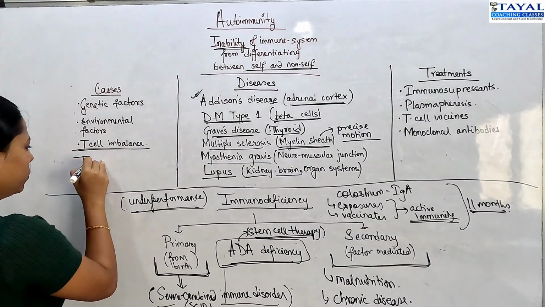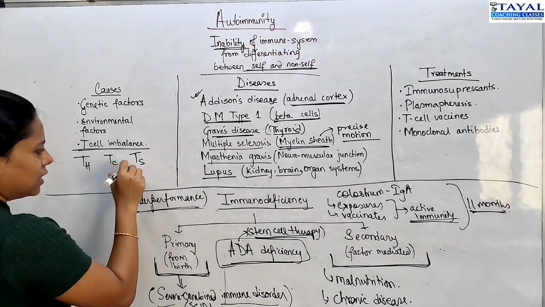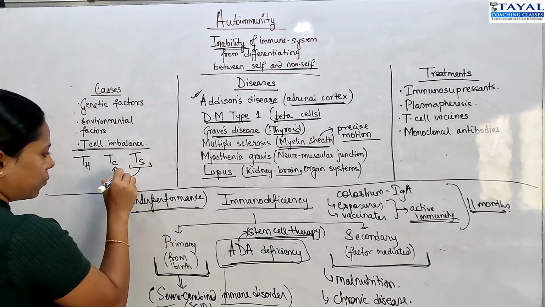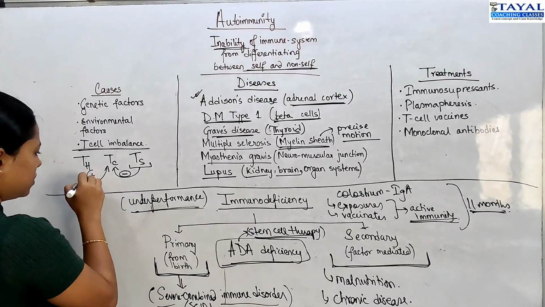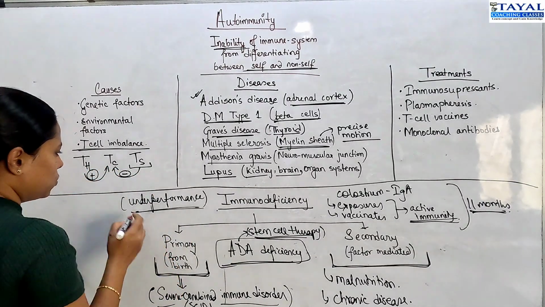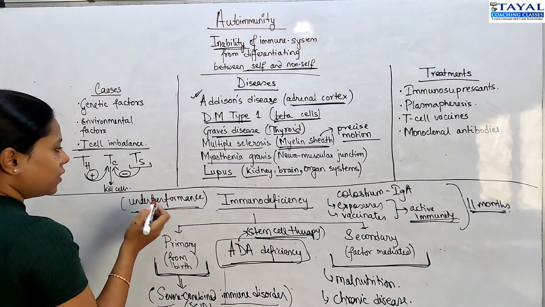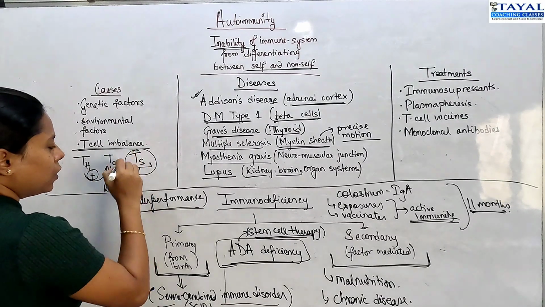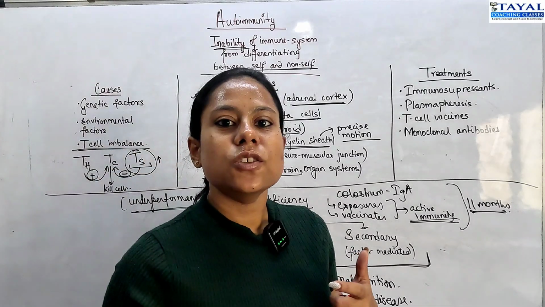As I had told you, there are TCs, THs and TS. T suppressor suppresses the TC, TH encourages or helps the TC to work, and TC kills cells. So if in the system you have more suppressors, your T cytotoxic is kept in check.